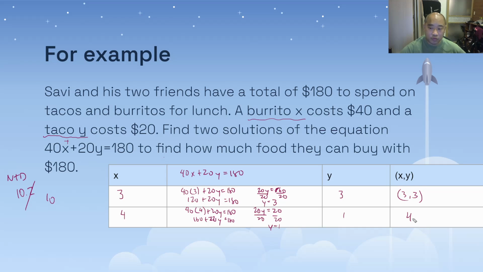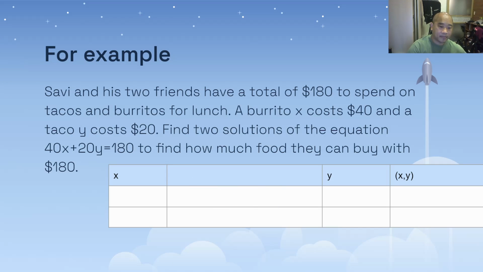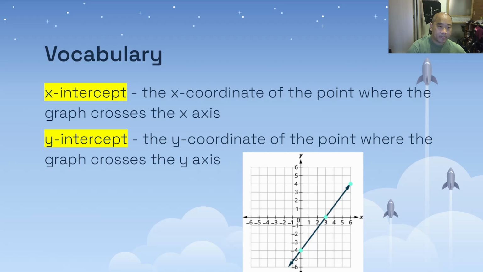So if you buy 4 burritos, you can only have 1 taco to share between Savi and his 2 friends. Okay. When we have our answers, for example, we had 3 burritos, 3 tacos, 4 burritos, 1 taco.